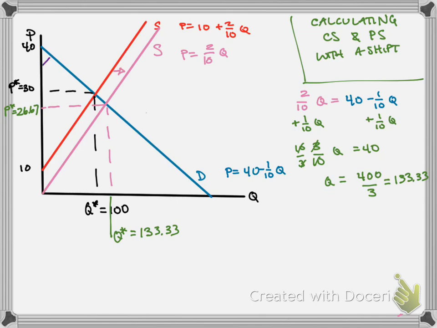So consumer surplus, we'll just highlight in this triangle, is right there. So that's 1/2 times the base, which is now 133.33, times the height, which is 40 minus 26.67. So I'm going to use my calculator for this one. 40 minus 26.67 times 133.33 divided by 2.